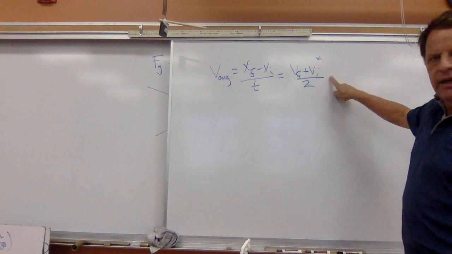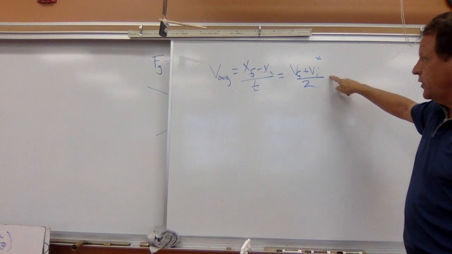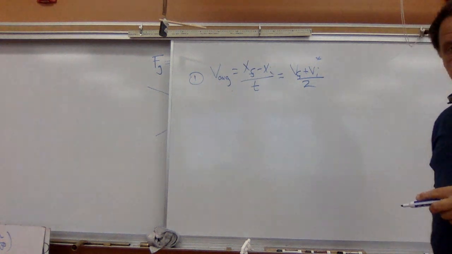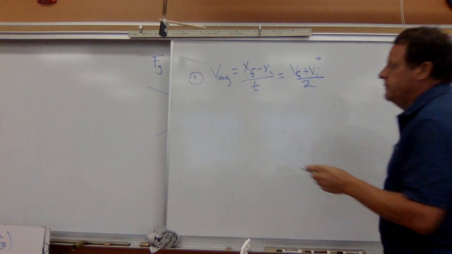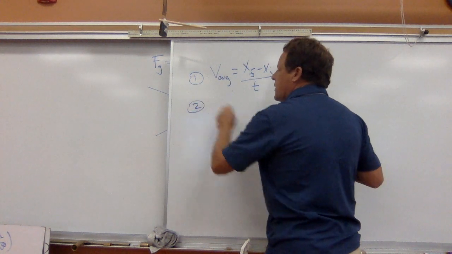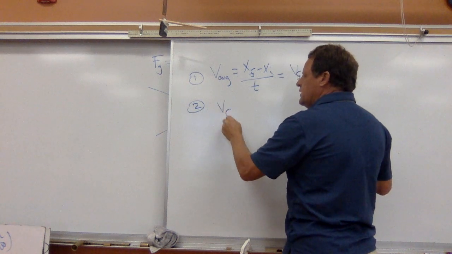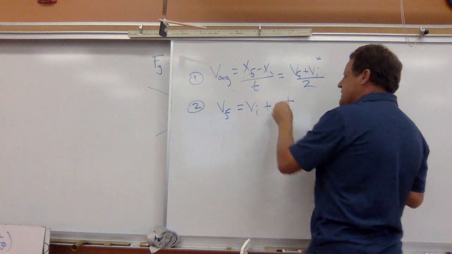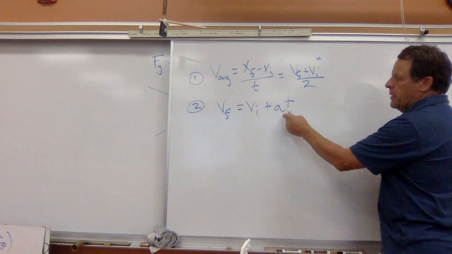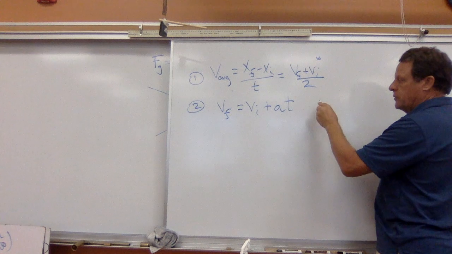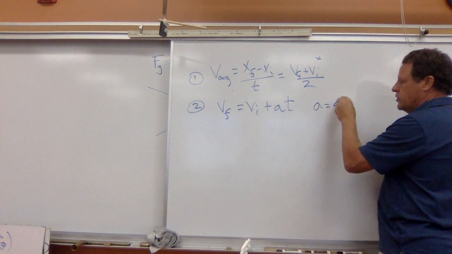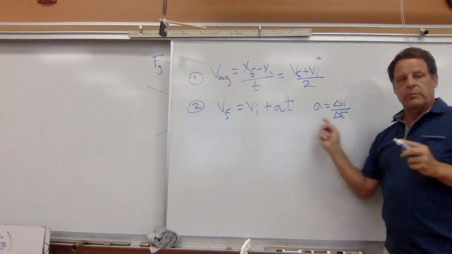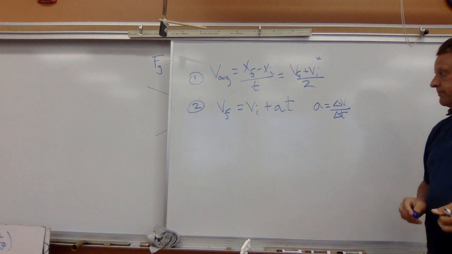This is if we have a constant acceleration, right? So very often we'll call that kinematic equation number 1. And kinematic equation number 2 is v final is equal to v initial plus at. Now, remember, this equation comes directly from the change in velocity divided by the change in time. These two are the same thing, they're just rearranged.